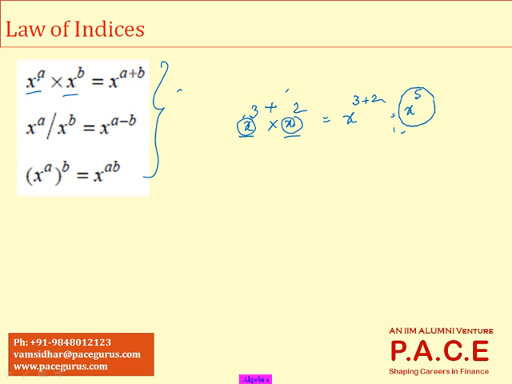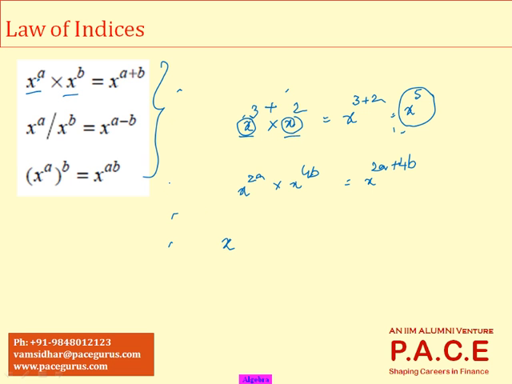So this is one of the important laws you can keep in mind. So even if someone says x to the power of 2a multiplied by x to the power of 4b, it's nothing but x to the power of 2a plus 4b. So it can be used even for solving some kind of unknowns. So it can be used for a lot of purposes. A simple addition of the exponents, right? So you remember that kind of a law.